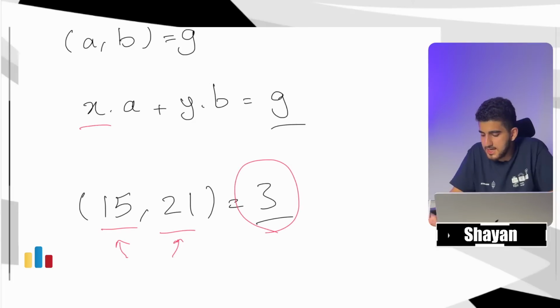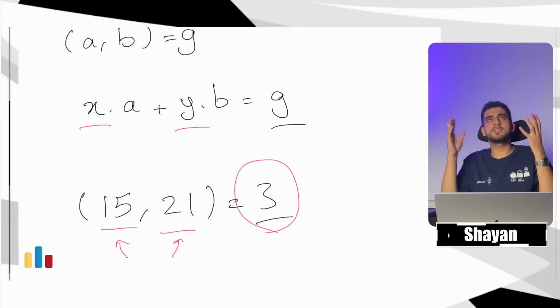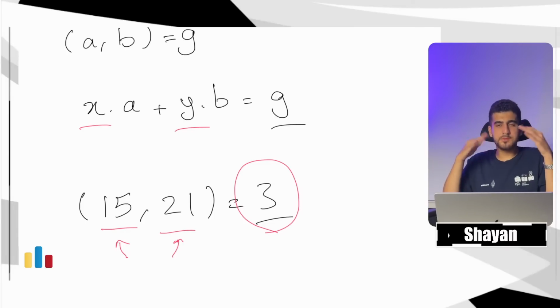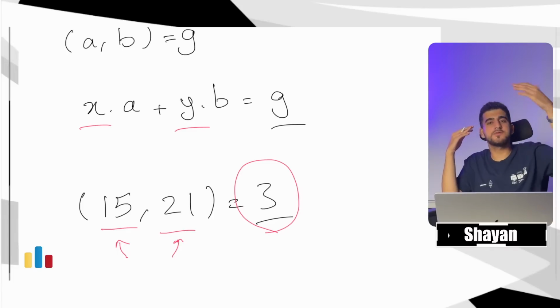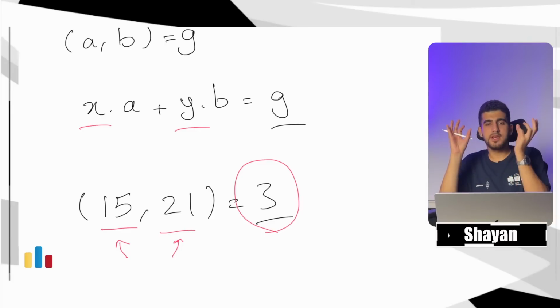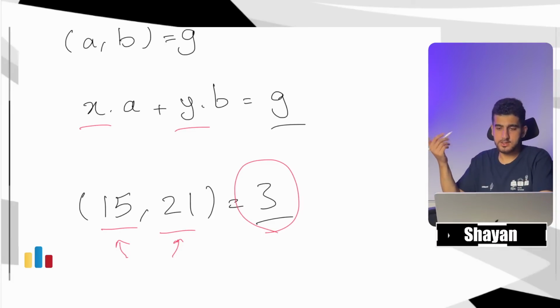Obviously, these numbers can be negative as well. So if you have two numbers, by multiplying them by different numbers and adding them, you can make any multiple of their GCD.